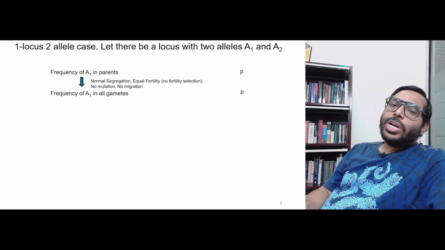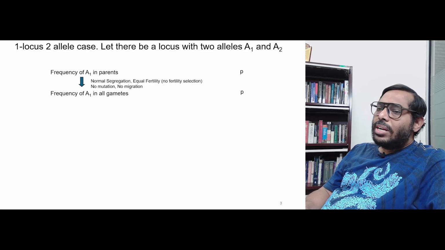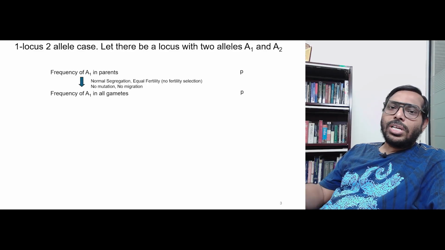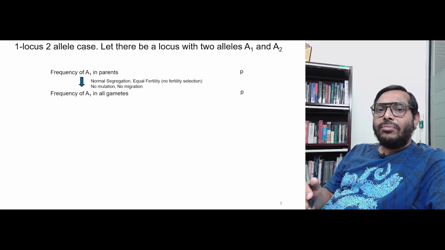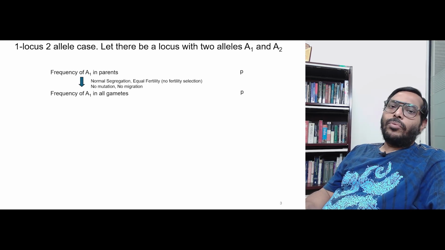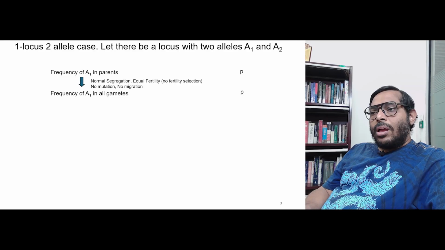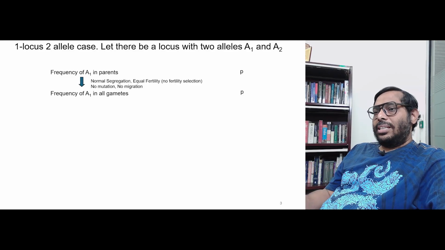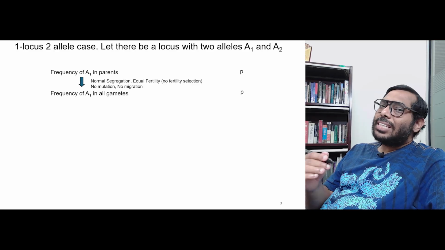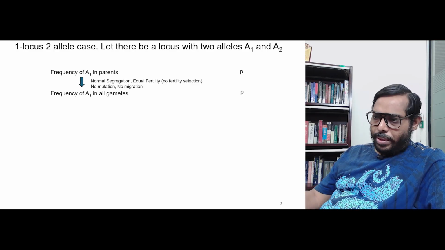Similarly, suppose there is mutation happening, again that will lead to a change in P, or suppose there is migration happening, some individuals are going away from the population or some other individuals are coming in, again that will lead to a change in the frequency of A1. And that is why in the absence of all these changes, the frequency of A1 in the gametes is going to remain the same as it was in the parents, which is P.